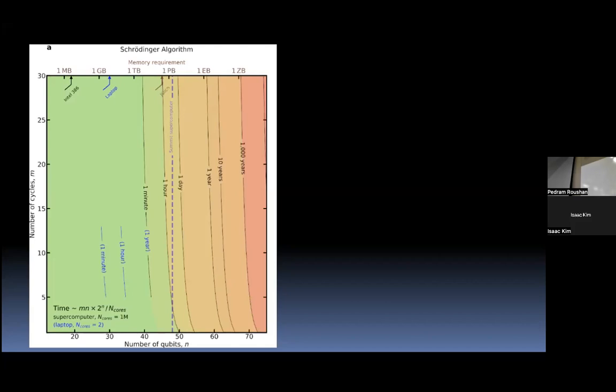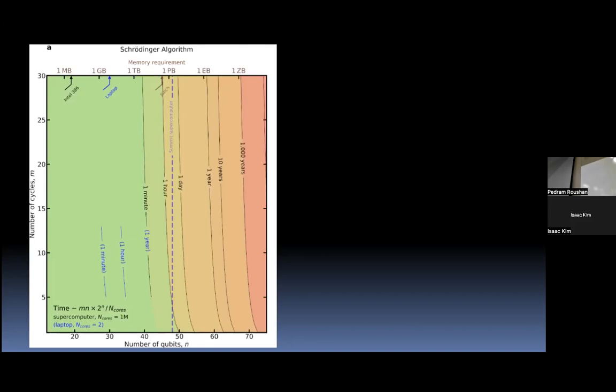But this is the lower axis. Now, please pay attention to this top axis. This computation, this is important, take my word on it, has to be done in RAM. It cannot be done on the hard drive. It has to be done in RAM. And on the planet that we live in, this is the size of the RAM available on a supercomputer.